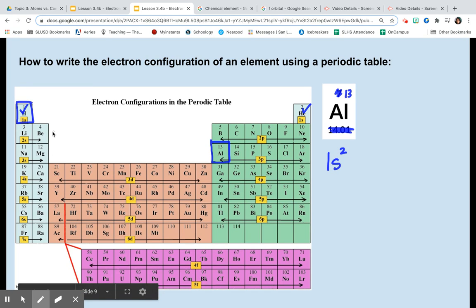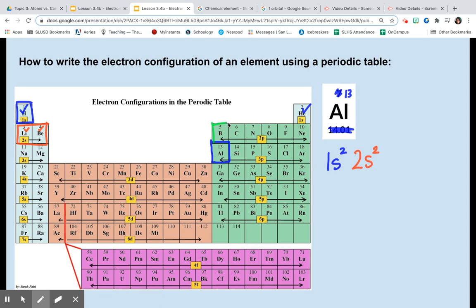Now I'm in the second row of the periodic table, so I'm in the second ring. I'm in the S section. So 2s, and there are 1, 2 electrons moving in this shape. So 1s2.